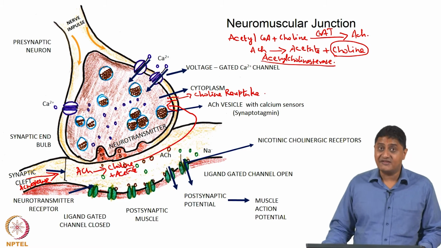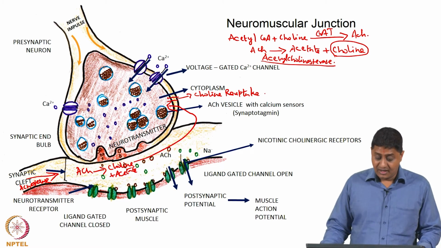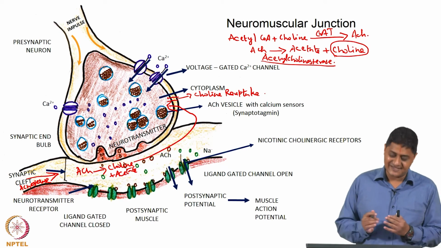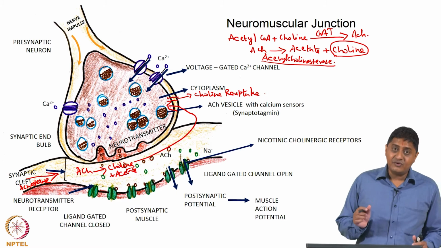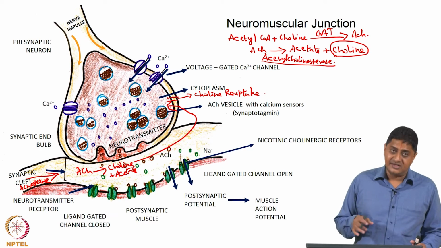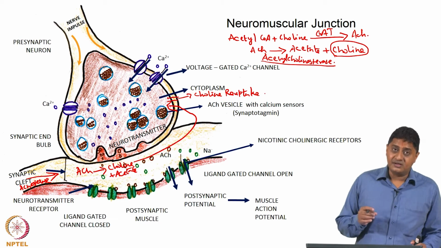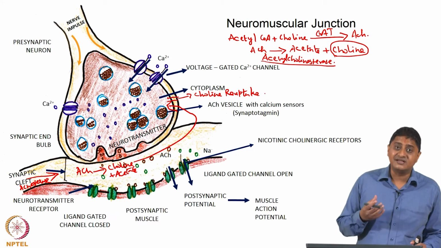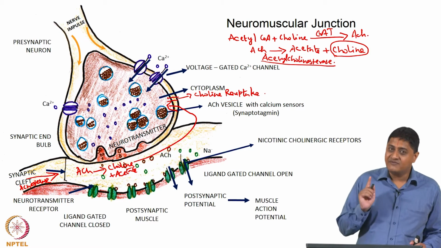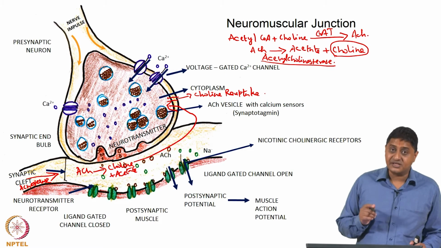So, this is the life cycle of acetylcholine, and this acetylcholine is packed into bags called vesicles, such that whenever one vesicle is opened, all the molecules of acetylcholine in that vesicle are released. The idea that acetylcholine release happens in discrete quanta, where each quantum describes one vesicle, was first described by Bernard Katz, and for that he received a Nobel Prize.